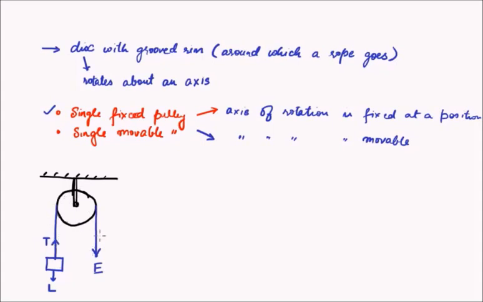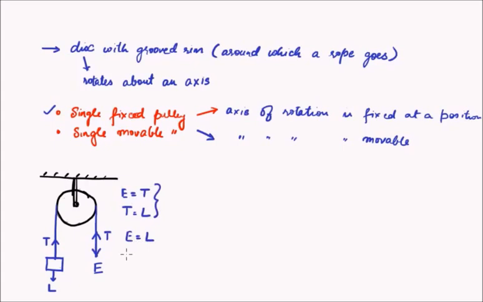So this tension is transferred over here too, and if we equate the forces, what we will see is that the effort which we are applying is equal to the tension, and this tension is balancing the load. So the tension is also equal to the load. As a result, the effort and the load are equal using these two equations.